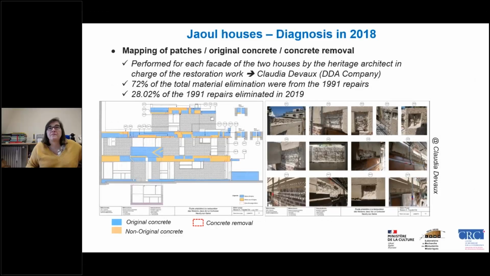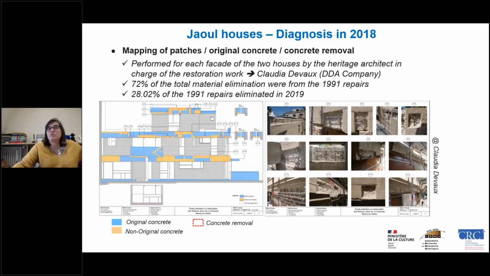So the repair was operated by Claudia Deveau, who is a heritage architect, and she performed mapping of the original patches for each facade of the two houses.